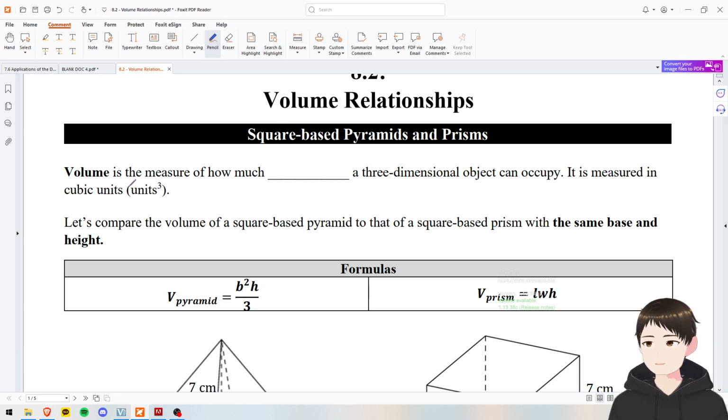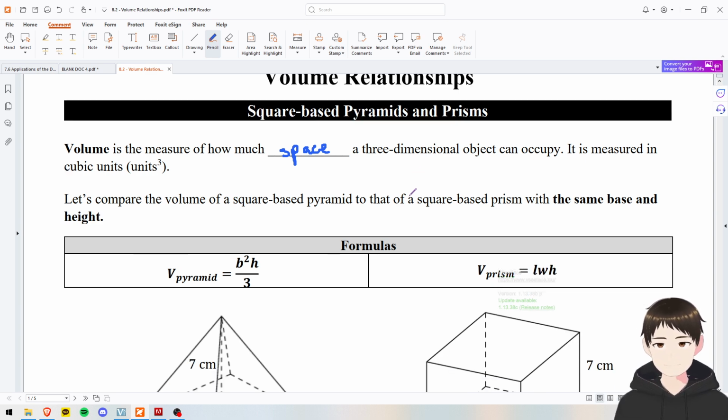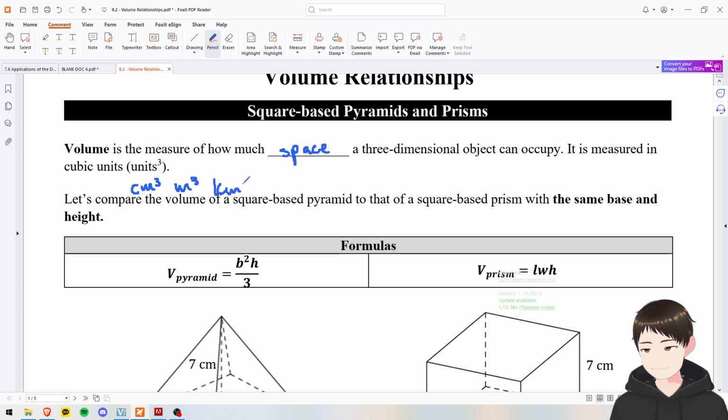Here we go. Volume is a measure of how much space a three-dimensional object can occupy in this universe, right? Literally, just how much space does it take up? It is measured in cubic units, so that could be centimeters cubed, meters cubed, kilometers cubed, millimeters cubed, you name it.